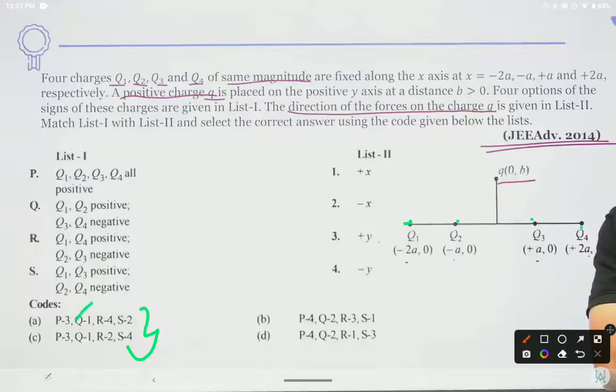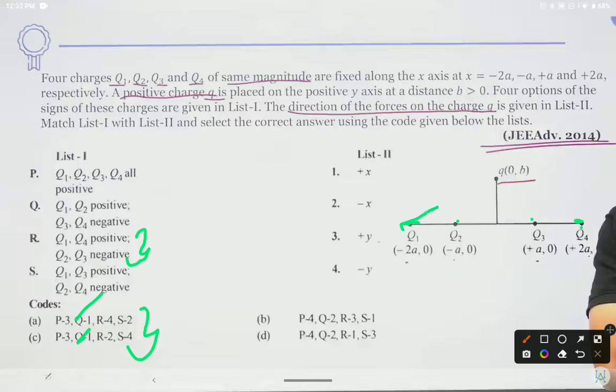Now Q goes to 1. It was given R changes. See, R was given like 4, 2. So which one does R go to? Let's check it. Q1, Q4 were positive, and Q2, Q3 were negative.